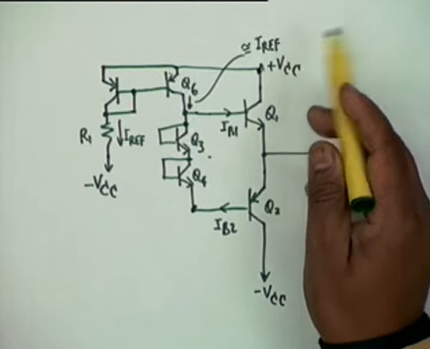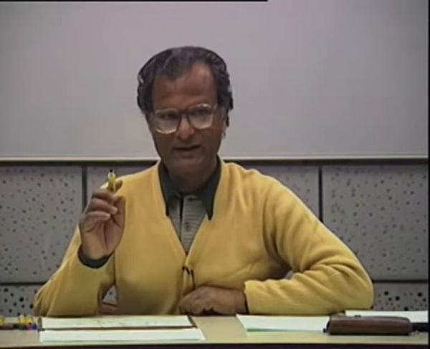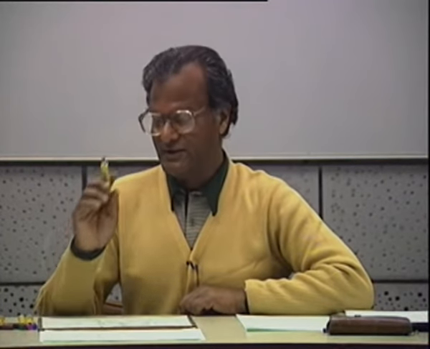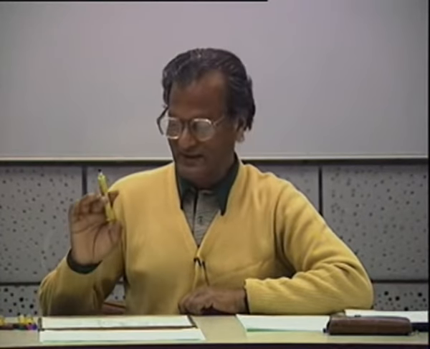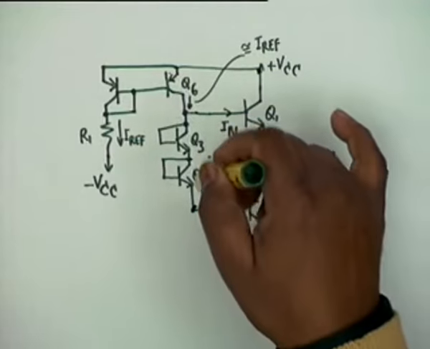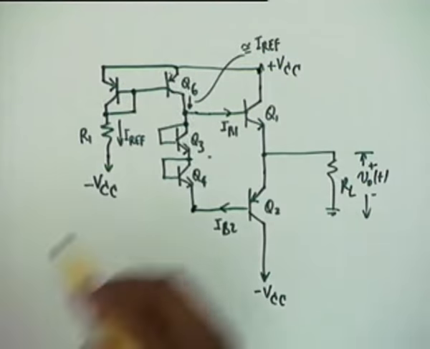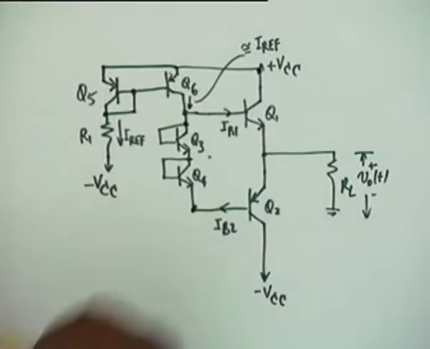Okay, I am explaining qualitatively. When I make a quantitative derivation, I will assume all of them to be different, and you will see the reason. Now, the point that I was mentioning, I did not mention that Q1, Q2, Q3, Q4 are identical. Let's name this transistor also Q5.